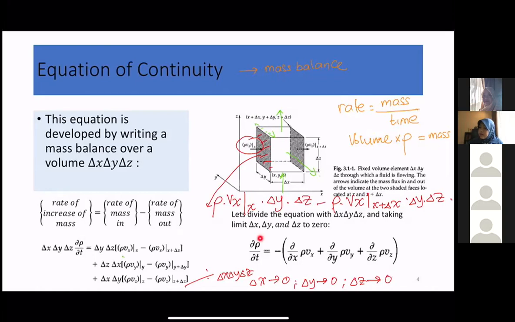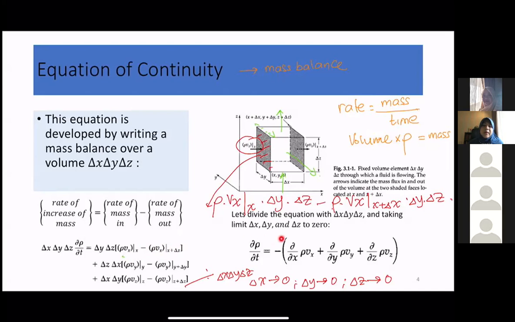So if we divide with delta x, delta y, delta z, this will be eliminated. In this part is the dou rho over dou t, the partial derivative of rho with respect to t. And then this one is minus, because the limit should always be x plus delta x minus x.